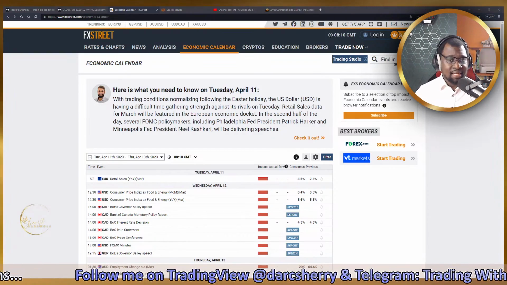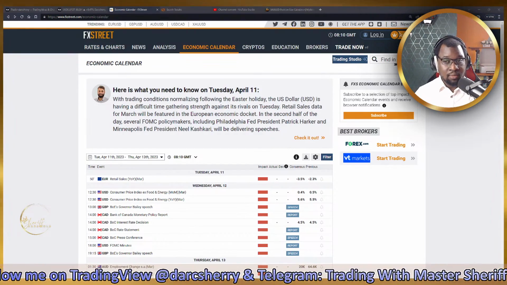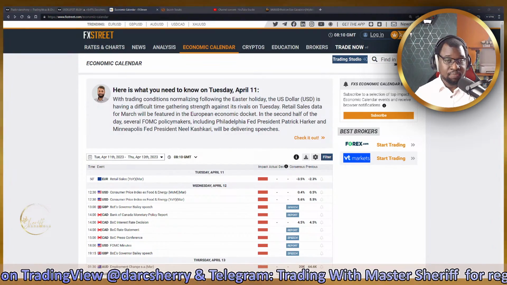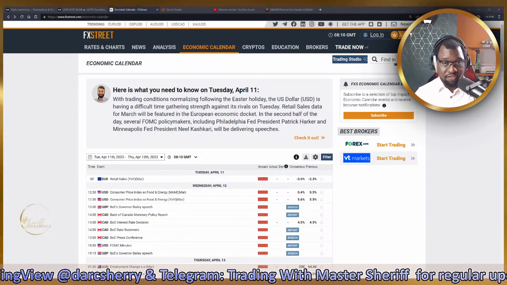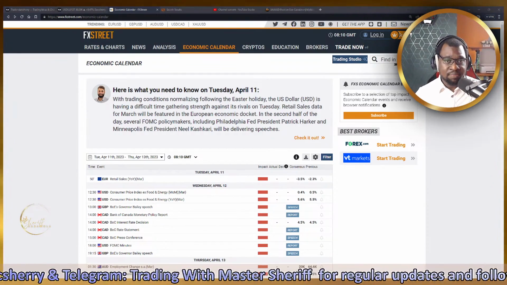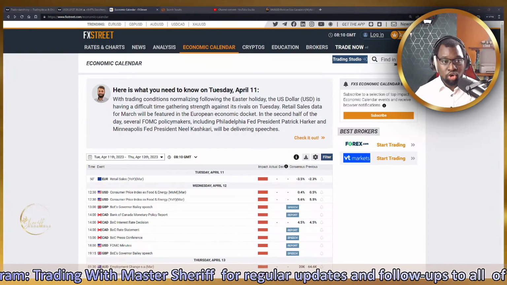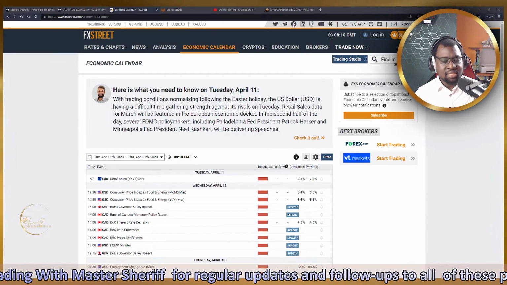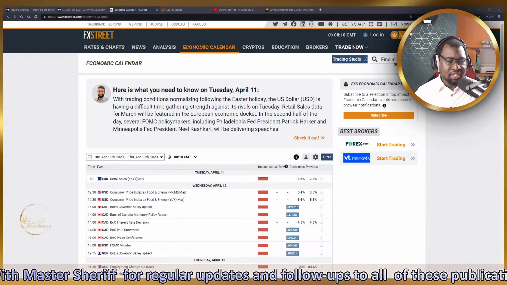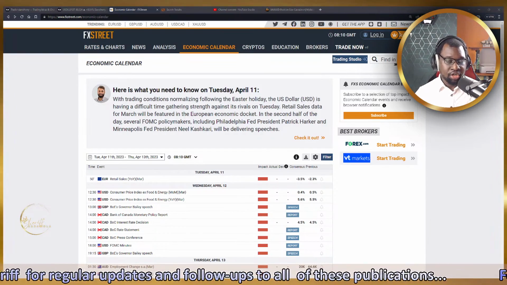And surprisingly, we were able to scoop a couple of pips in most of the US dollar pairs during the course of the last 24 hours. But lately, we're beginning to see that the market is beginning to normalize following the Easter holiday, and the US dollar at this point in time has been finding it very difficult to gather strength for a potential trend continuation.